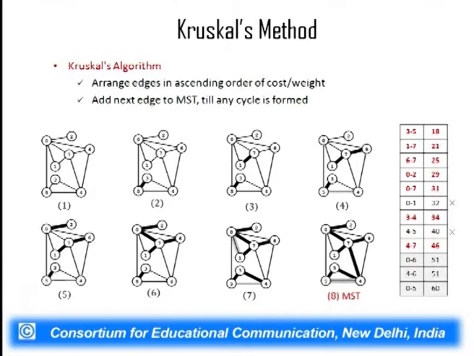So, we discard it and 4, 7 is taken in its place, and finally you can see that in the 8th figure we have constructed the MST. So, no need for exploring n to the power n minus 2 possibilities, no need for exploring such a huge number of possibilities. We have started from 1, so we can say that in 7 steps we have constructed the minimum spanning tree. So, this was Kruskal's method.